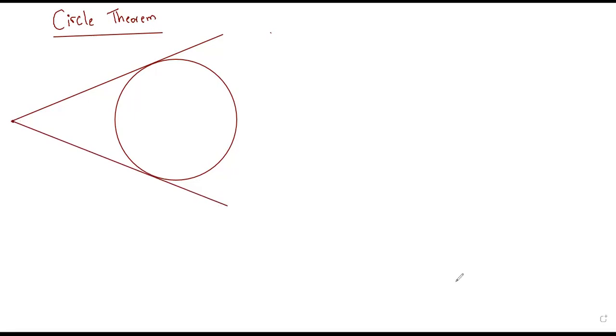This point is A, this point is B, and this point is T. This is the center of the circle, but I did not explain anything, so do not worry. Let me just make the drawing and then I'll talk about it.